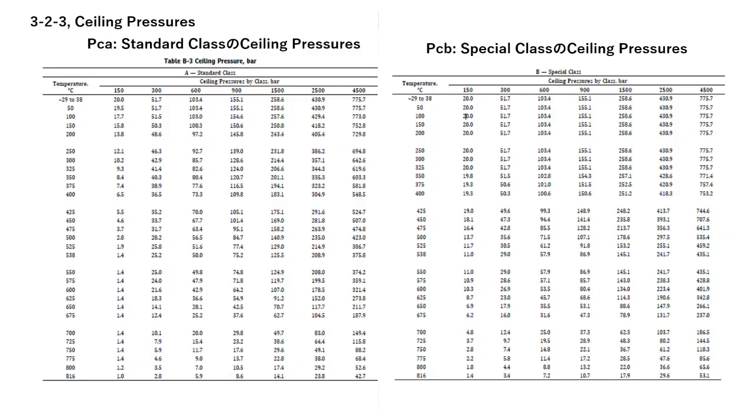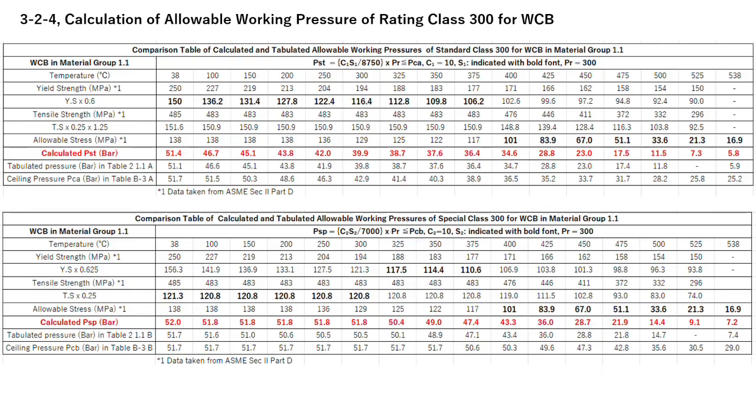So we try the calculation of allowable working pressure of rating class 300. So this table indicated standard class 300 for WCB casting.